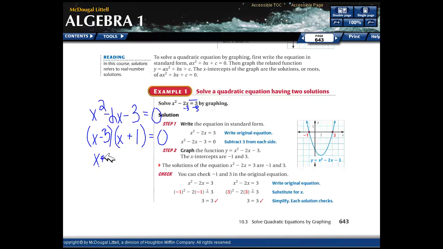Whoops, not that. X equals 3, and x equals -1. Now, look over here where they graphed it. Crosses the x at 3, crosses the x at -1. These are the solutions to that, because those are the x-intercepts.